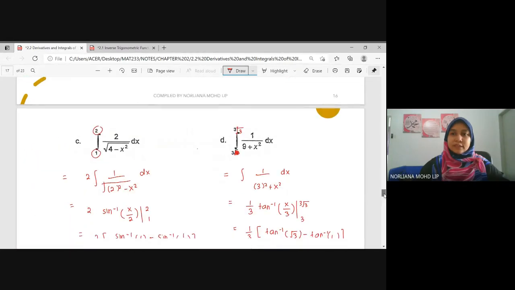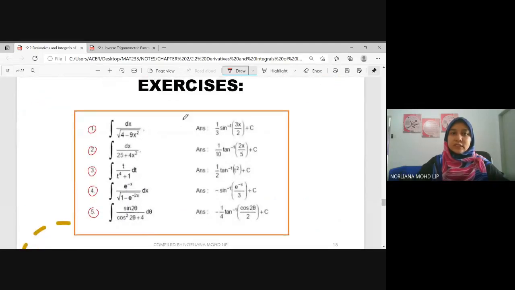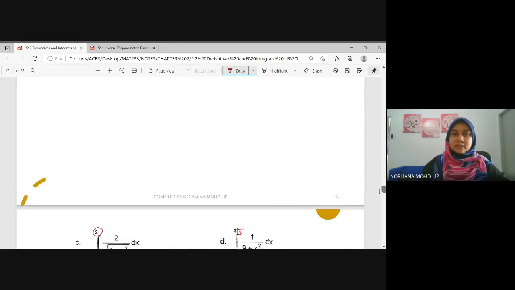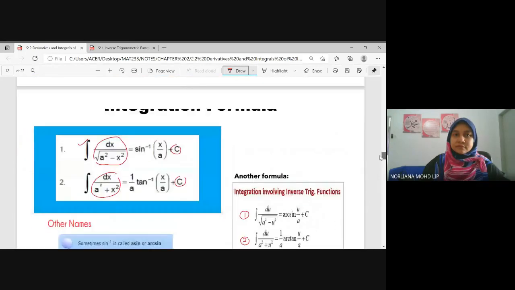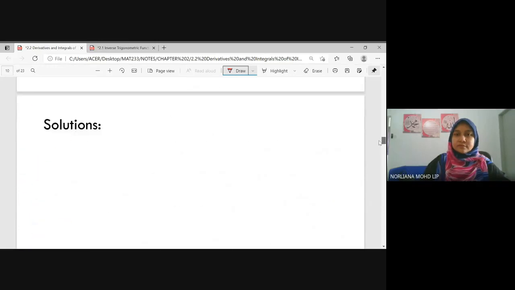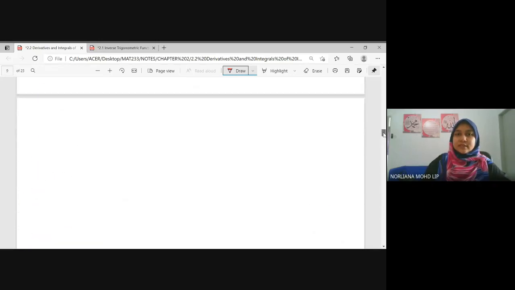Okay, so tadi buat mana? Buat exercise, buat ni. Siapkan ni. 1 until 5 for integrals and differentiation tadi. Number 5. Exercise.